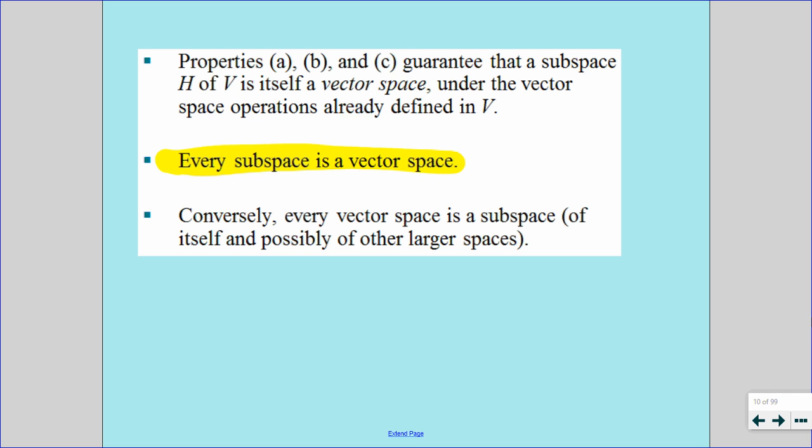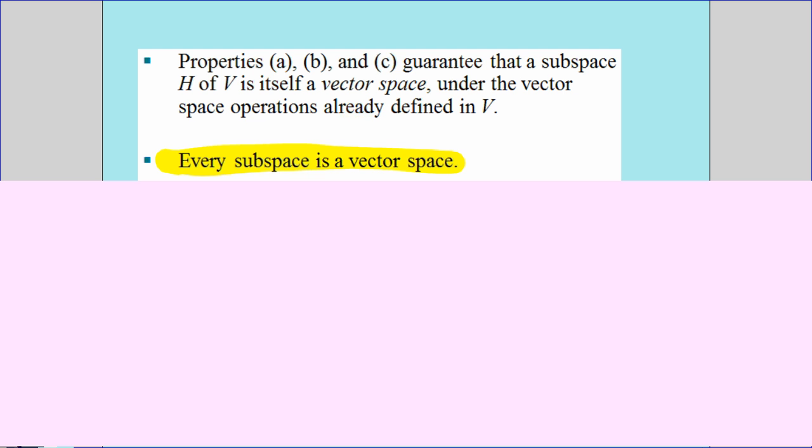I don't know if you remember us talking about sets and subsets, but this language is the exact same thing. If I said, let's look at this vector space, how many subspaces can it have? You would consider the vector space itself as one of the subspaces. Just a fine point there.